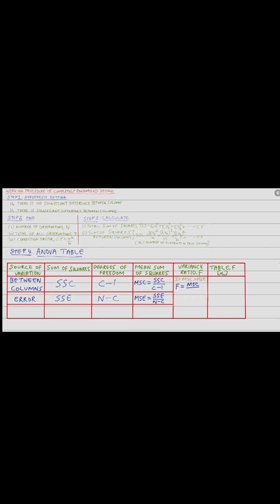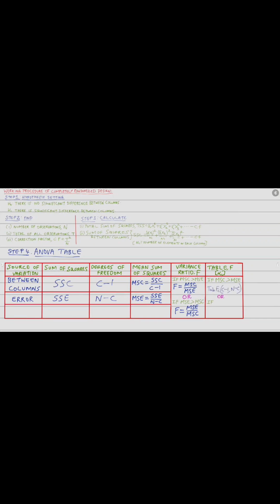That is, if the mean sum of squares for columns, MSC, is greater than the mean sum of squares for error, MSE, then F is equal to MSC divided by MSE. Otherwise, F will be equal to MSE divided by MSC. To find the table value of F at the level of significance, we also compare MSC and MSE.